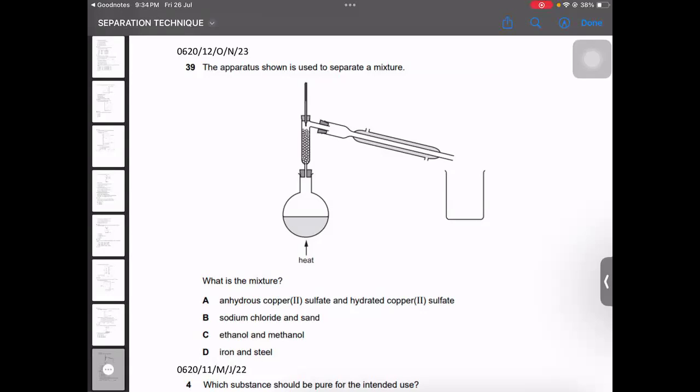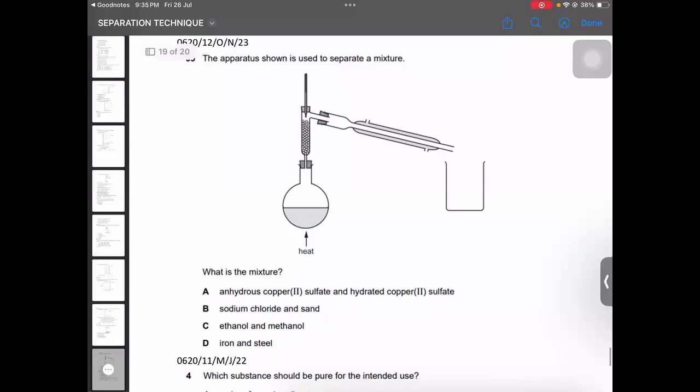The vapors enter the condenser, which condenses them back into liquid form. So methanol would be separated first, leaving behind ethanol. Basically, this is a simple distillation by which we can separate the two liquids. Are you getting my point? Yes or no?